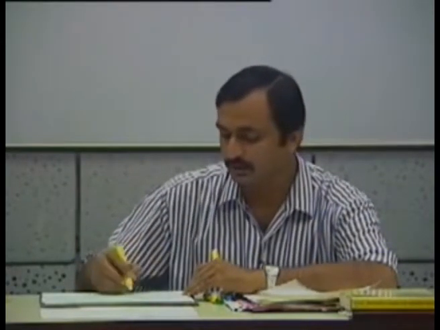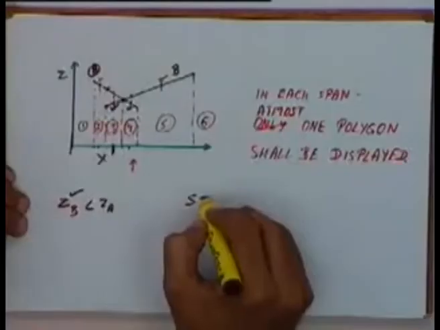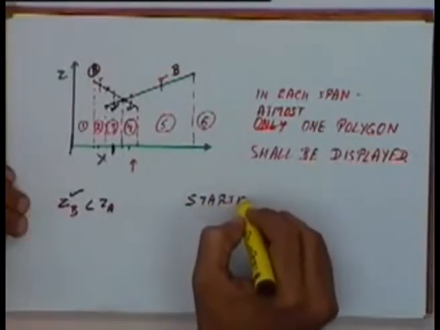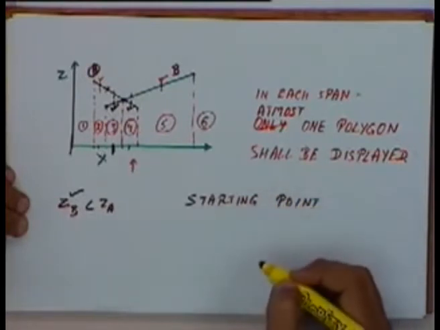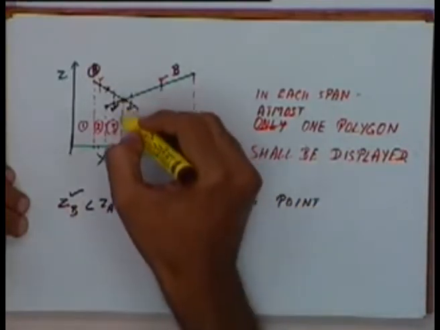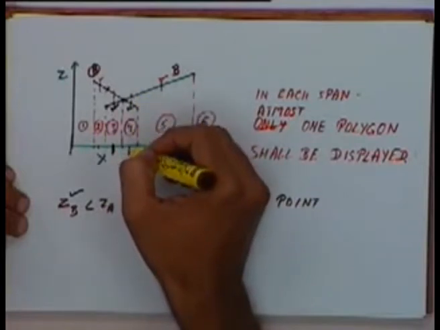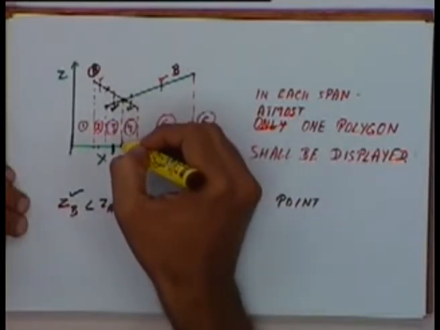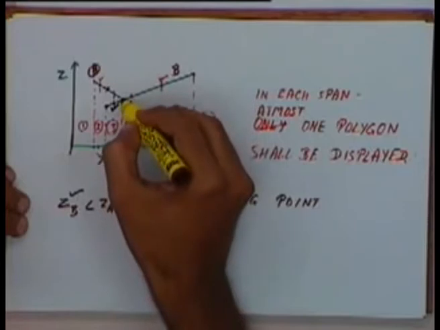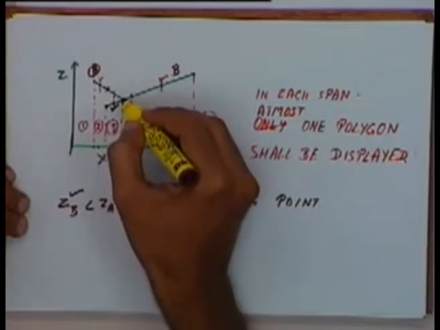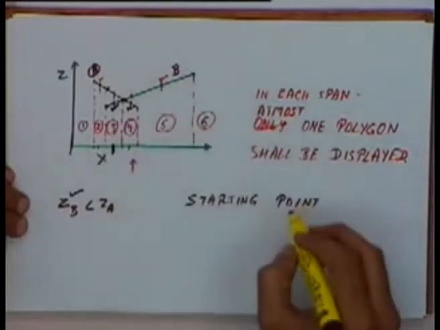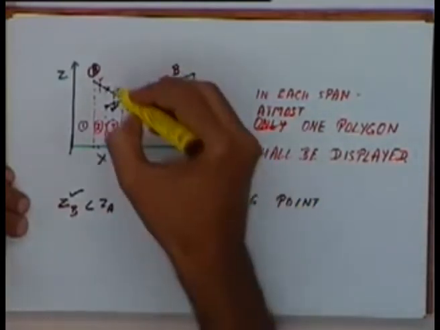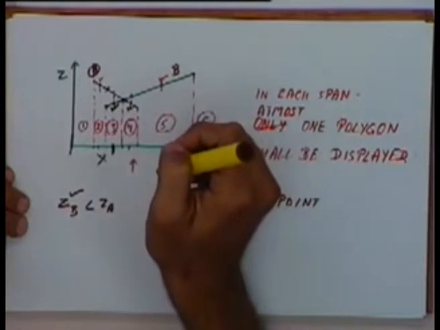Let's say you are looking at the starting point. Think of span number 4. In span number 4, the z value for polygon A will be the same as the z value for polygon B at the starting point, because that is the point of intersection.